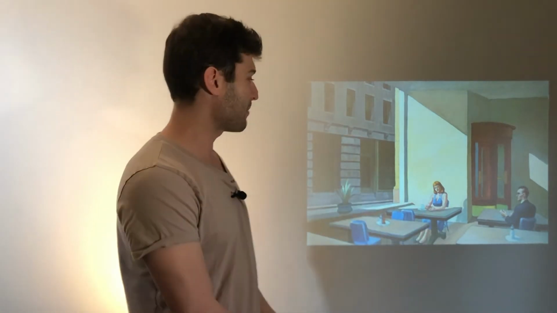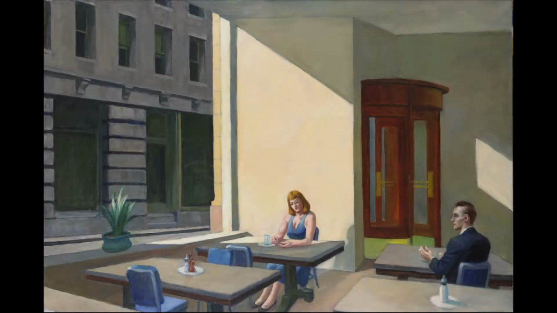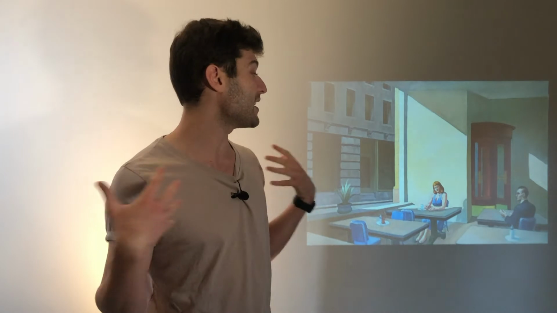So to just quickly start looking at this painting, we're in a cafeteria. We have a woman sitting here and a man sitting here. Oftentimes, Edward Hopper's wife would be the model that served as female subjects in his paintings. And so we see himself reflected in his work in that way.